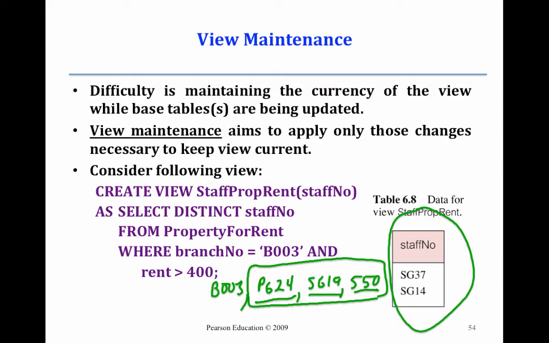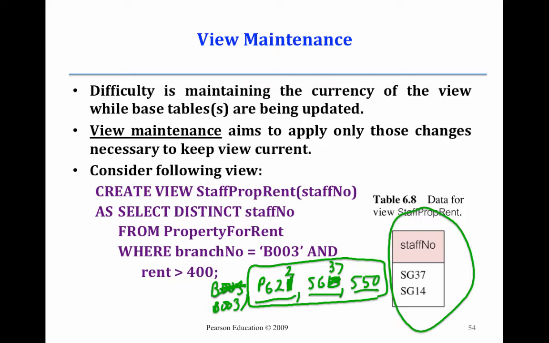Okay? Let's say we delete a record. Let's say at B003, we had a property PG22 for SG37, and we delete this record from the underlying relation.